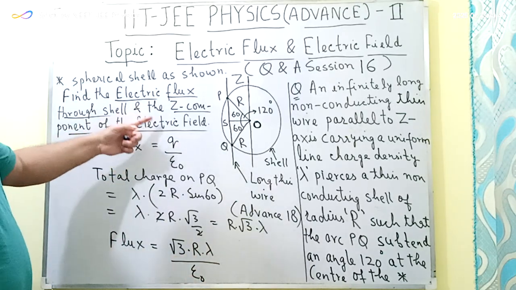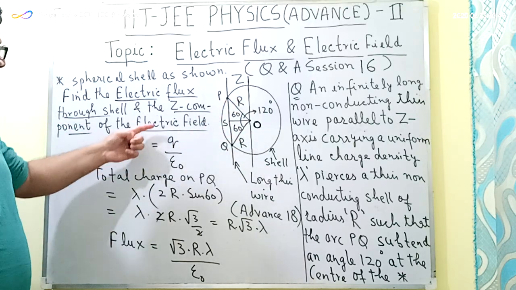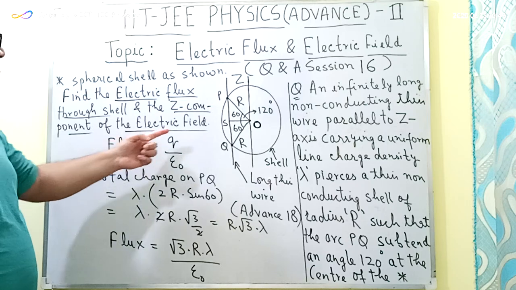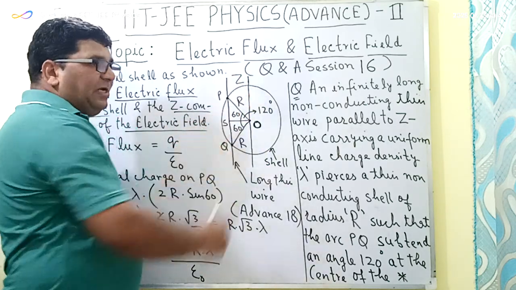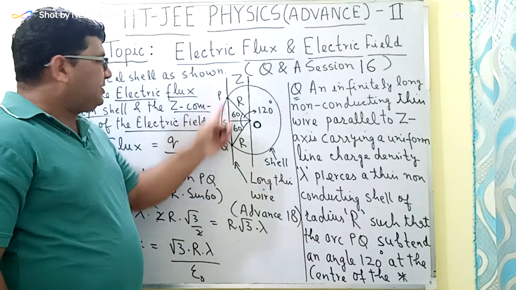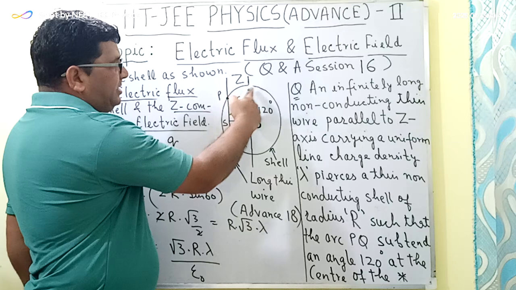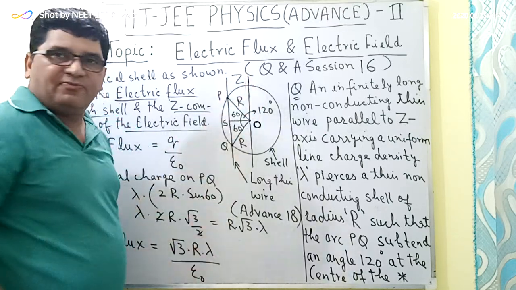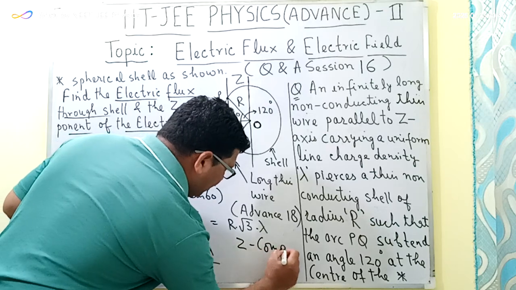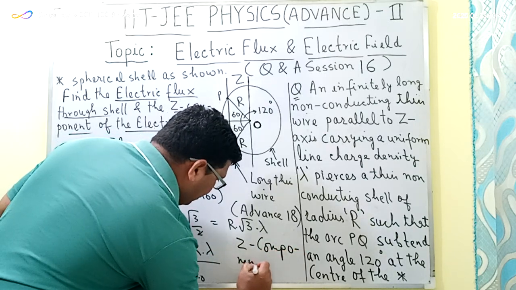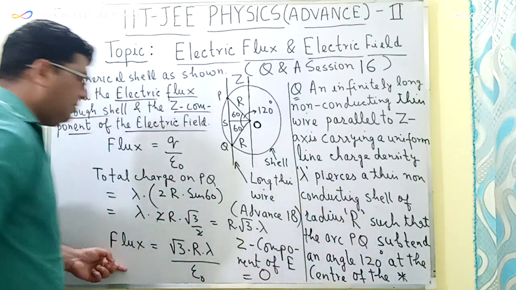This is the flux which is passing through this non-conducting spherical shell of radius R, and the Z component of the electric field will be equal to 0 because the direction of the electric field will be perpendicular to this wire, and because of that the Z component of the electric field will be equal to 0.